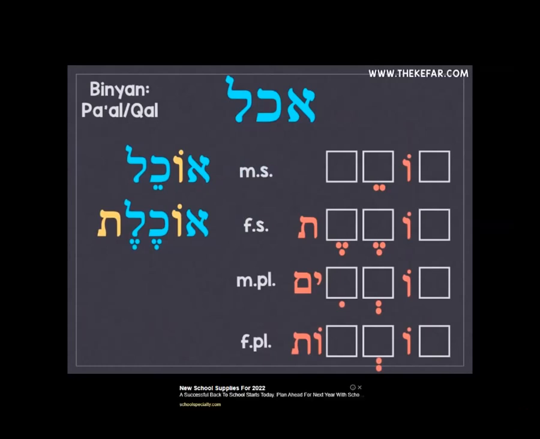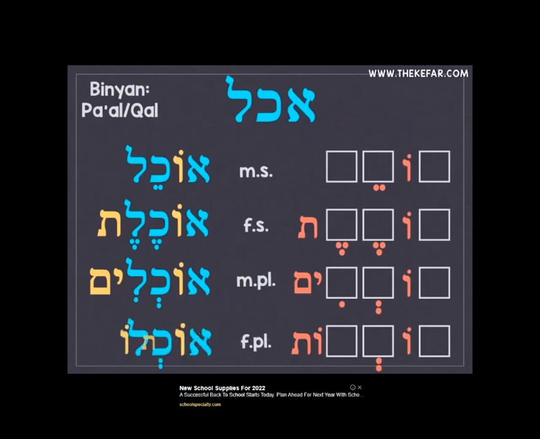O-im is our sound pattern for masculine plural. Once we add the letters of our shoresh, it's ochlim. And now feminine plural, we have O-ot. So with the letters from our root, ochlot. Okay, ochel, ochelet, ochlim, ochlot.